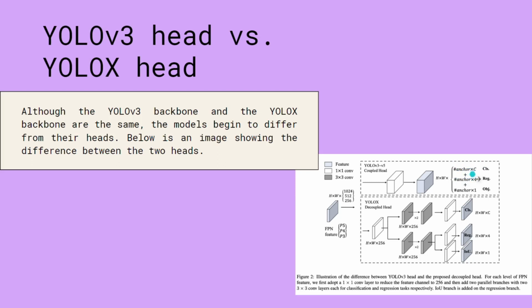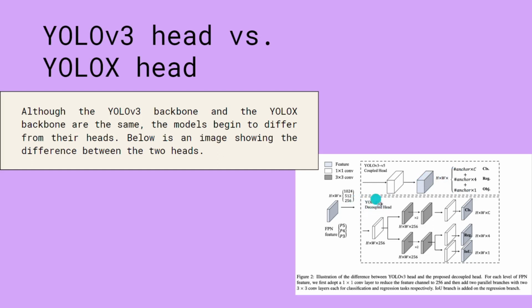For example, if our model has 80 different classes, then C will be equal to 80. And the second one will represent the number of anchors multiplied by 4, where 4 represents the 4 coordinate points, X, Y, W, and H, for the bounding box regressor. And finally, we have the number of anchors multiplied by 1, which is the objectness score, and that will give us the dimension across the channel.